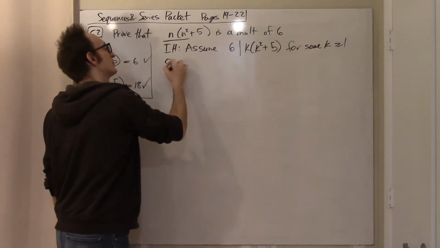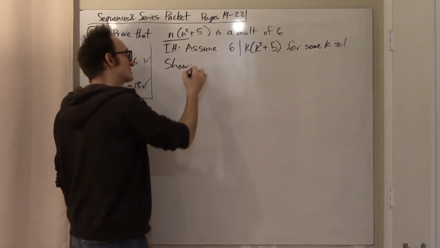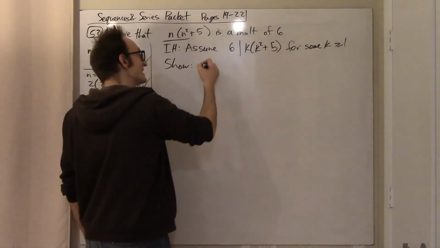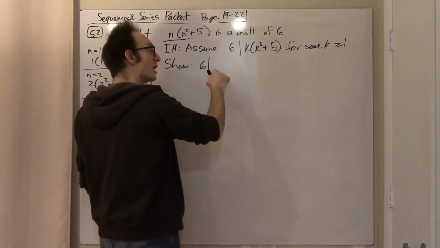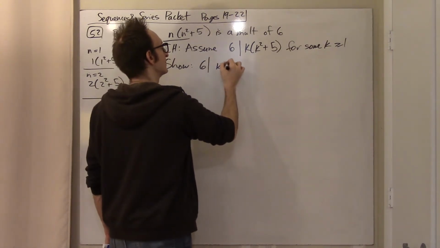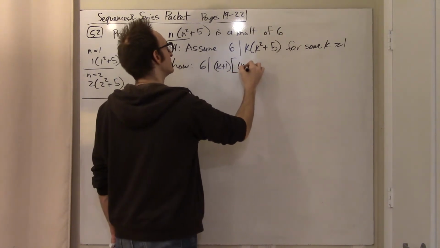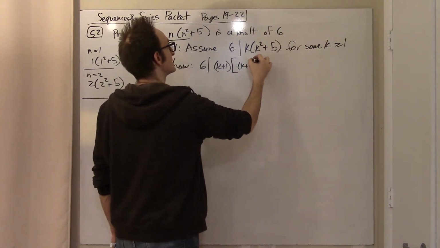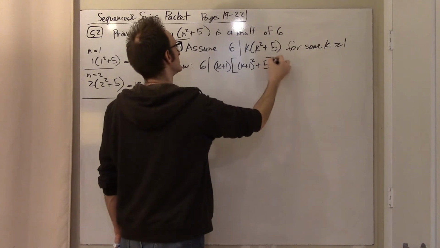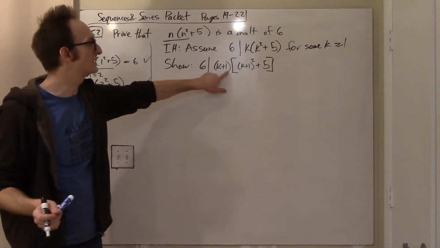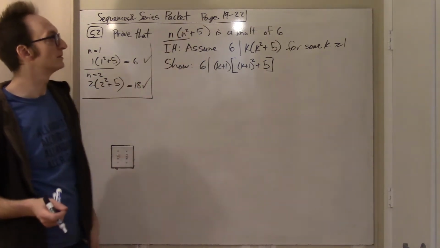And now, to complete the inductive step, I just need to show that it stays true for the next number. So I need to show that 6 also goes evenly into, we've got to be a little bit careful here, k plus 1 times k plus 1 squared plus 5. This is why I like to use a different variable, because we're substituting in k plus 1 for n.